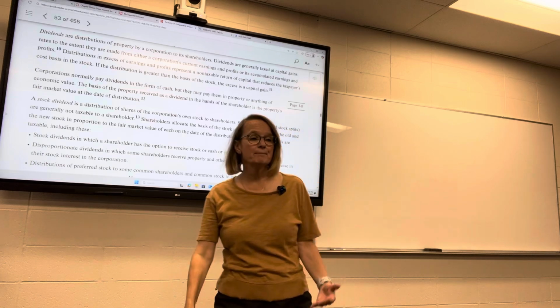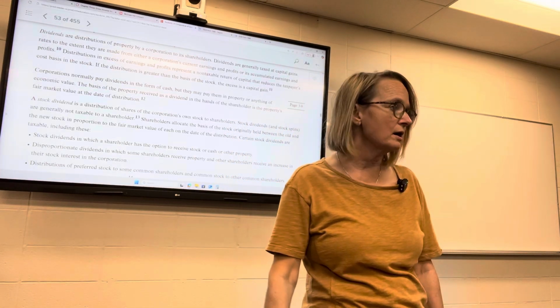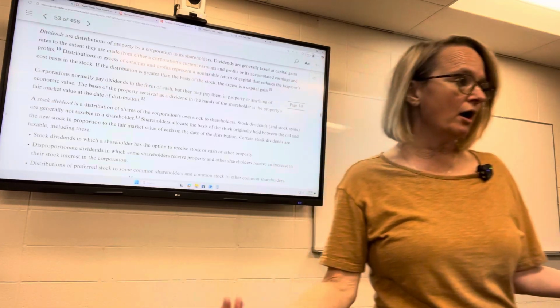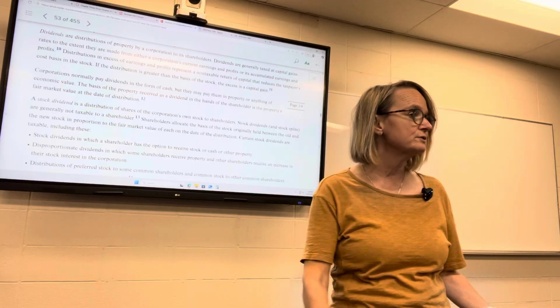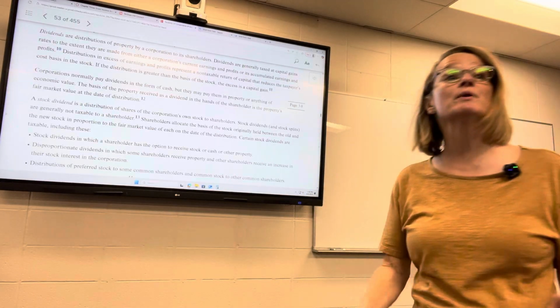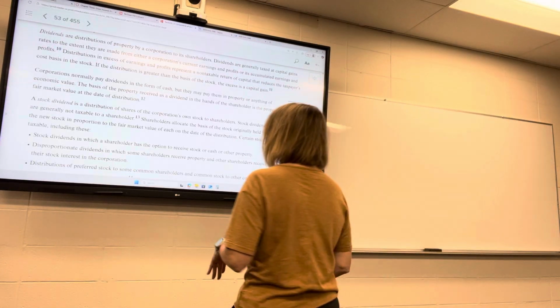So if a company gives as a distribution, let's say a car, that's a silly distribution, but if a car's fair market value at the date of the distribution was $5,000, then the amount of the distribution is $5,000. Not what the company paid for the car, but what the fair market value is on the date of the distribution.